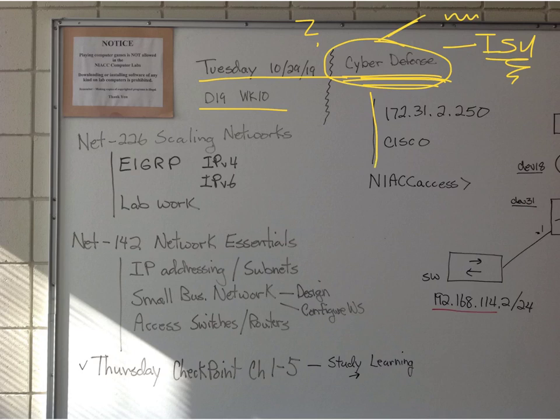A couple things we talked about in the classroom. You can log into NIAC Access. It's a router, Cisco's the password right here, and it allows us to communicate with networking equipment. We went over that the first time today, and we'll talk more about that the rest of the term.